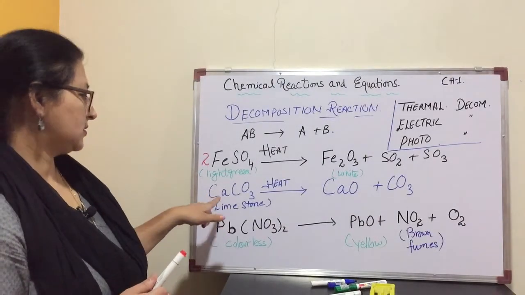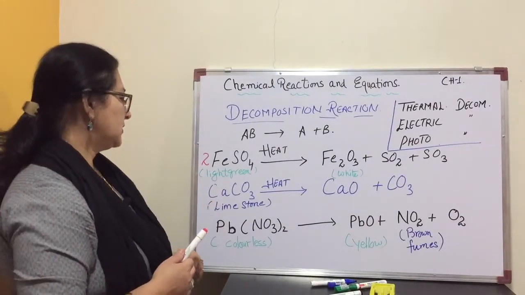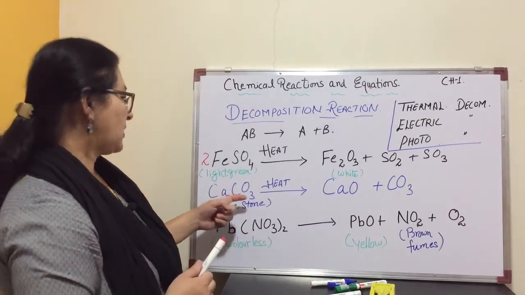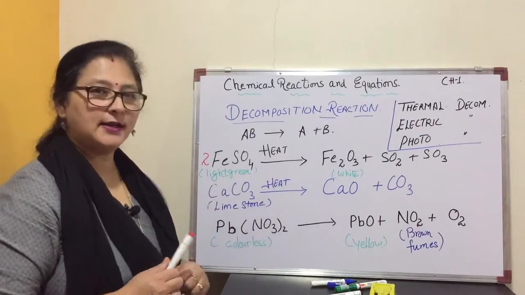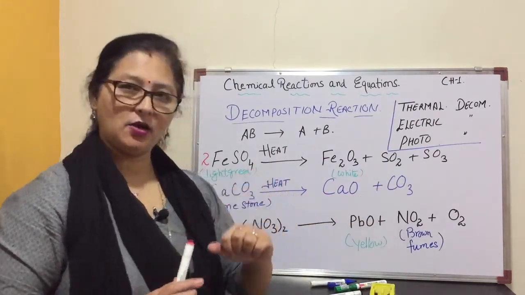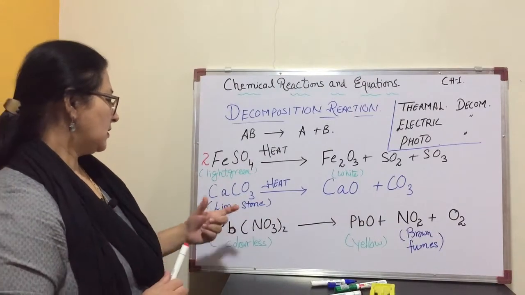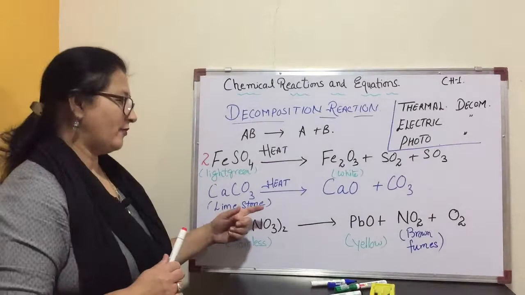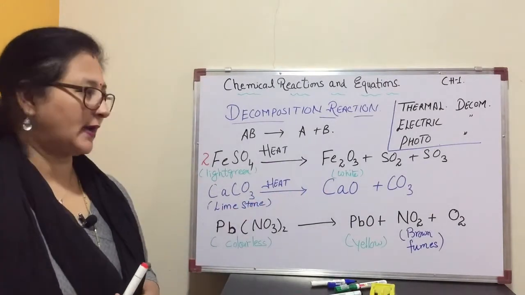So the next reaction in decomposition is calcium carbonate, which when heated decomposes into calcium oxide and carbon dioxide. Right? What is calcium carbonate? This is limestone. When you heat it, you will get quicklime.